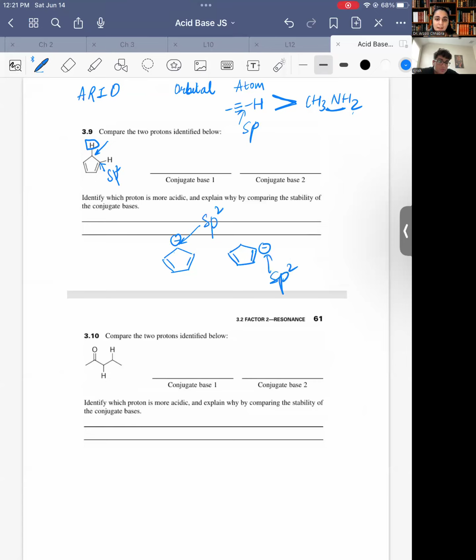The reason for that is that this is able to undergo resonance. Even though it's a single bond, it's not really a single bond, it's actually a double bond. That's the one thing I read in the resonance chapter that we did not cover.